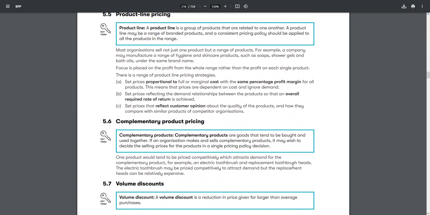Product line pricing would be when you are looking at the profits that you make from the whole range of your products. Maybe some products that you are selling are not as profitable as you would hope, but you are not thinking about the profit from that particular product. Usually you would sell a particular product at a loss, but you are looking at the combination of the products, the profit that you're making from all the products that you're selling.